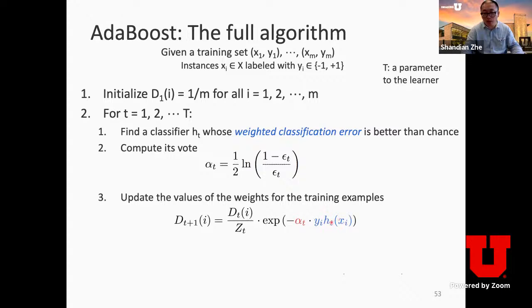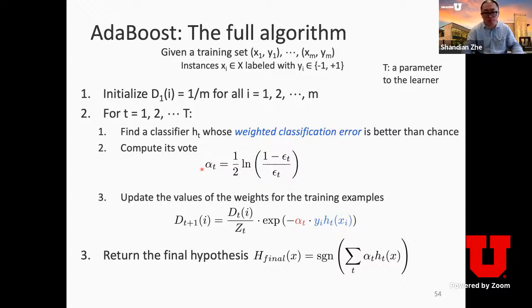Otherwise, if you make a wrong prediction, this is -1, so minus negative is positive, and you multiply by a scalar bigger than 1, promoting the importance of the misclassified example. Once you finish the multiplication, you normalize by Z_t to ensure that the sum of all the sample weights in the new iteration is 1.